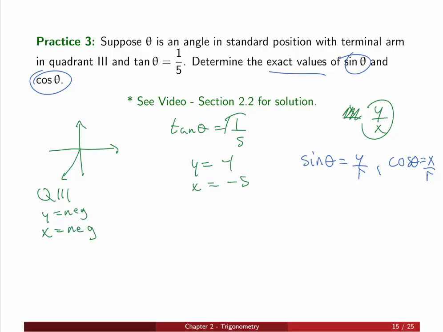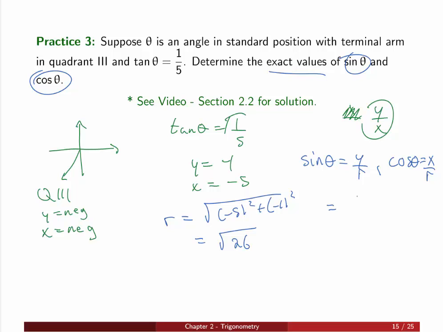You can easily find what r is by using our lovely Pythagorean theorem: negative 5 squared plus negative 1 squared, all square rooted, to give you a slightly awkward solution of root 26.